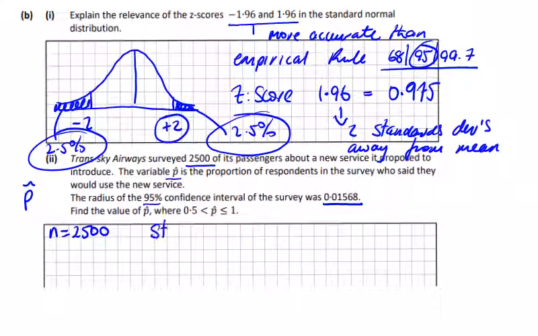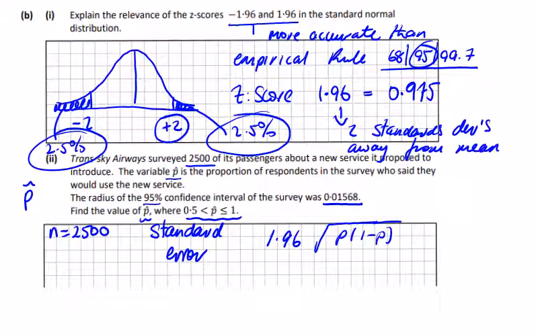Find the value of P, and it's between 0.5 and 1. So standard error, these things in stats you need to know. 1.96 when we're dealing with P, by the square root of P times 1 minus P over N is going to be equal to the radius of my 95% confidence interval, or my standard error here.